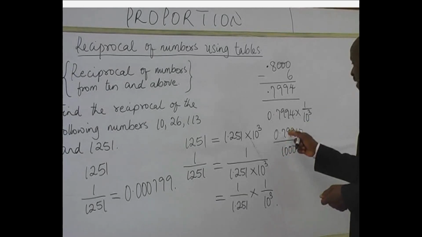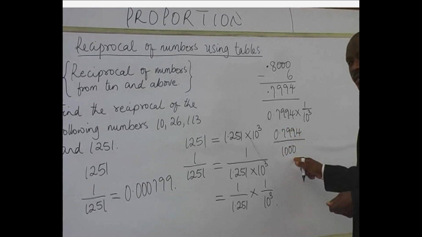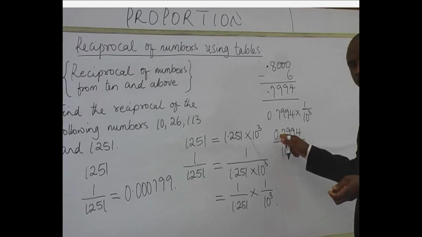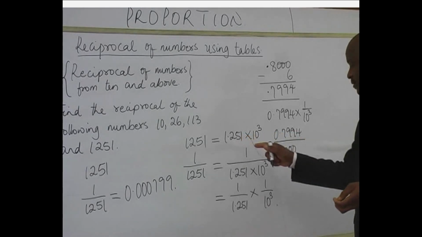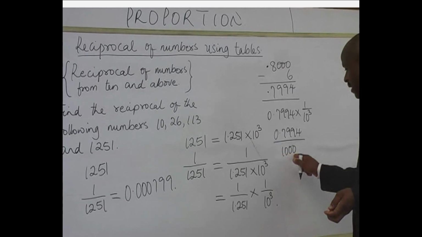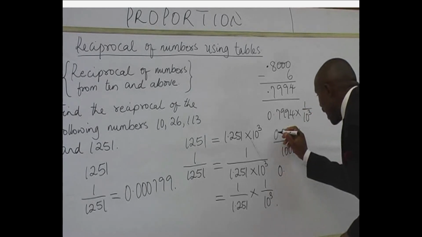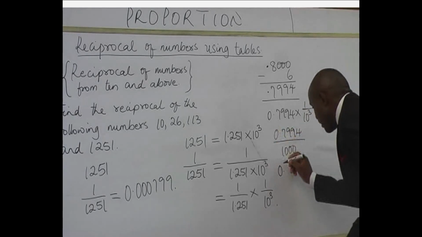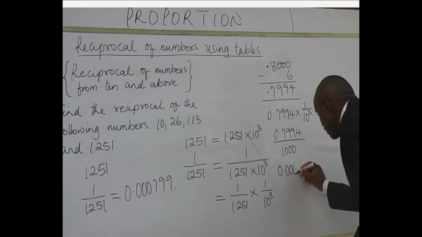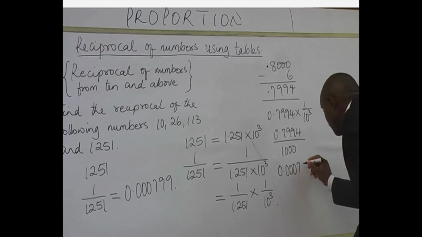And if you are to divide 0.7994 by 1000, you either go by a calculator or just shift this decimal point towards the left 3 times because of the 3 zeros of 1000. If you do so, you're now going to have 0 points across this and 2 other zeros. You have 0, 0, 0, then 7, 9, 9, 4.